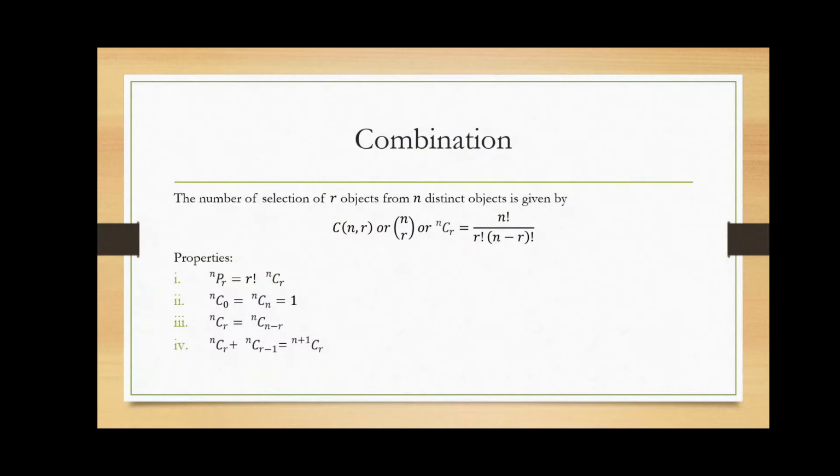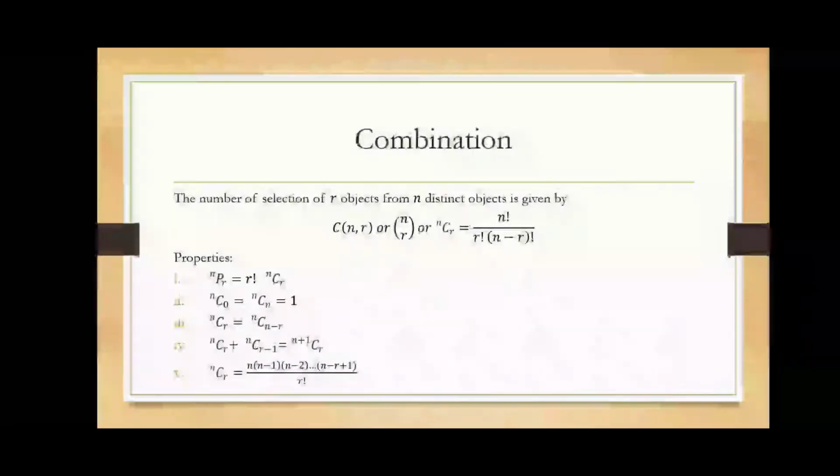Then the fourth one, nCr plus nC(r minus 1) equals (n plus 1)Cr. Now this property has no direct practical application, but this is something that happens, so we can just remember it. Next, the fifth one, which has a lot of practical application, and is one of the fastest ways to calculate combinations mentally without using a calculator.